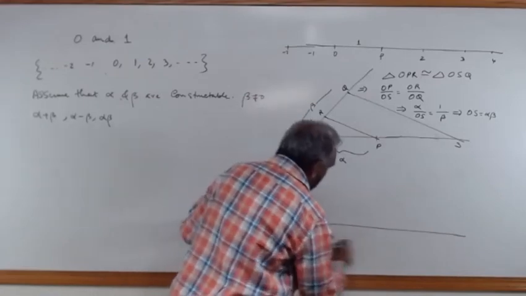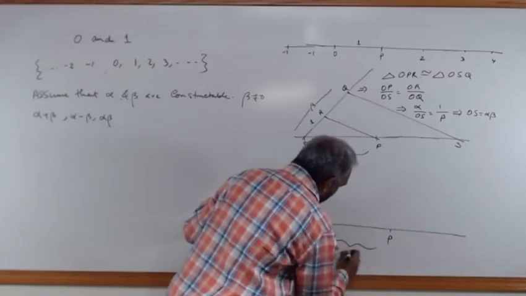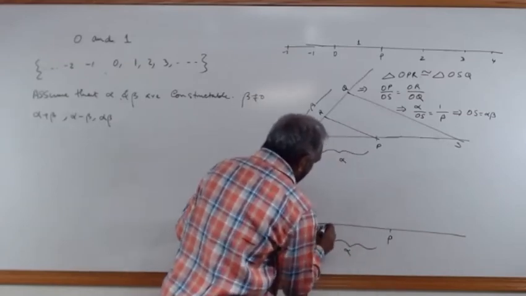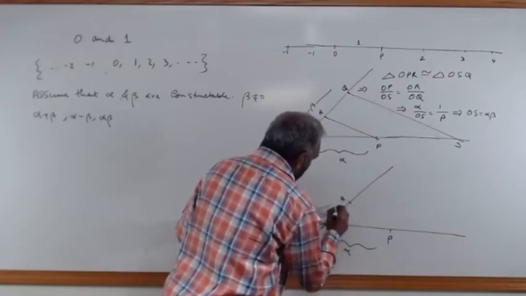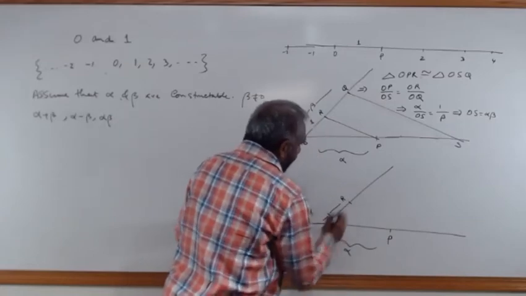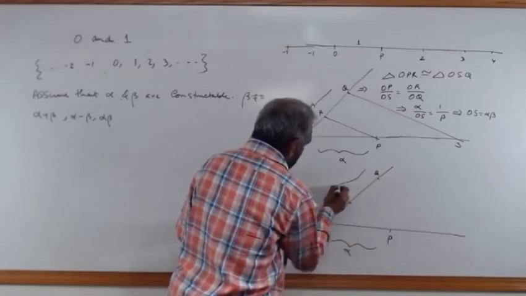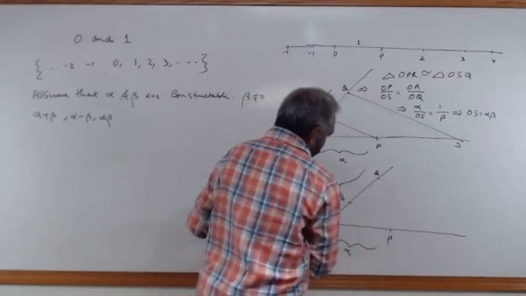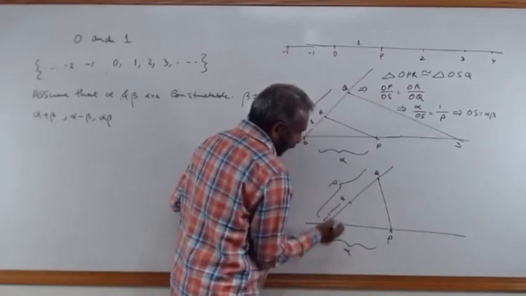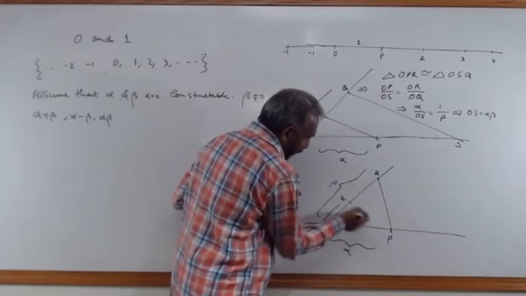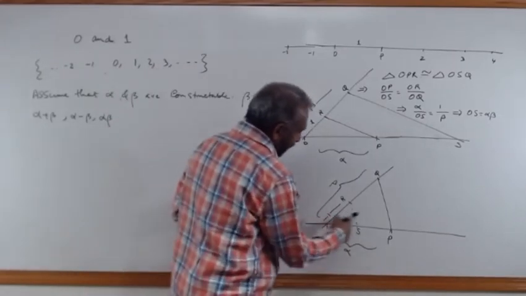OP again. This is our alpha, and draw any angle and mark 1 here. This is our R, this is 1, and mark also beta here, and that is our Q. This is beta. Then you join Q and P and draw the parallel line through R to PQ and make it as S. So these two triangles are similar again.